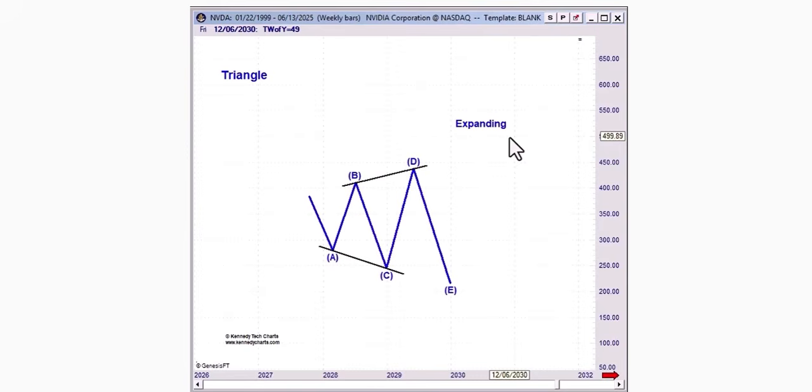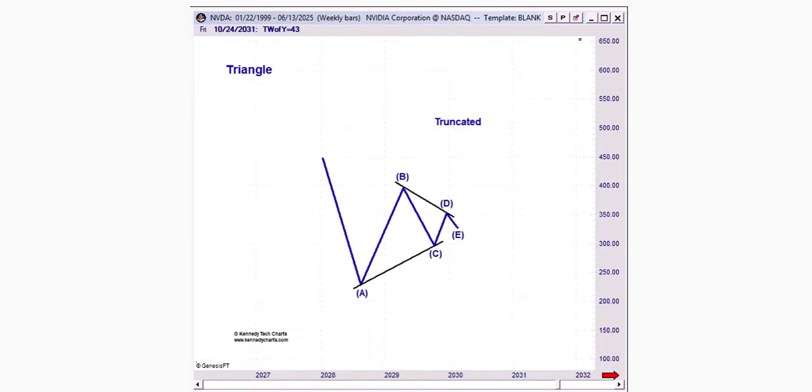But it's kind of a unicorn. So don't rely on this formation a lot, because more often than not, there's a different way to count the pattern. For example, you might have a 3-wave decline for wave A, a 3-wave move up for an expanded flat B, and then a 5-wave decline for wave C. But again, rare pattern. Does it exist? Yes, it does. But again, it's one of those unicorns.